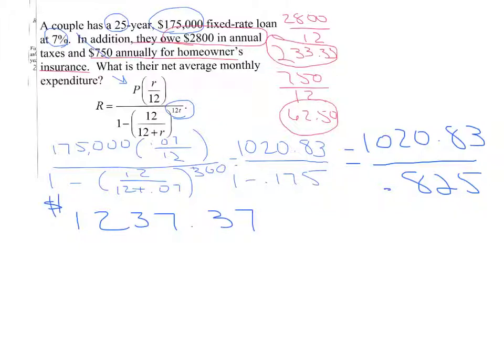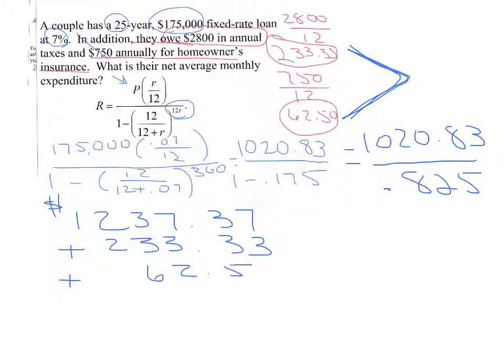But I also have these two figures over here that I've put aside. So I'm going to need to add the $233.33 for the taxes and the $62.50 for the insurance.